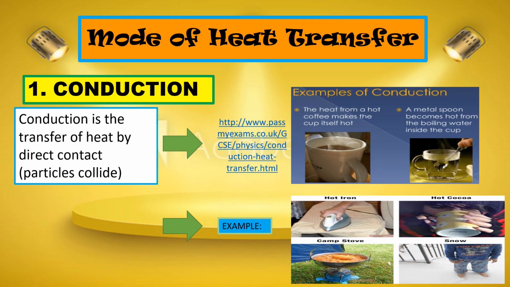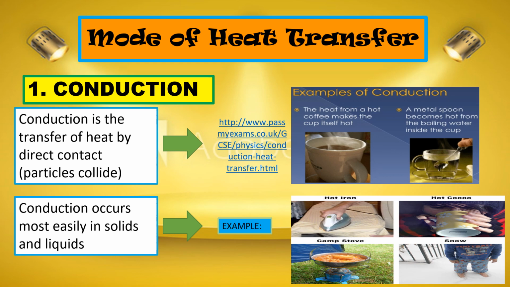For example, the heat from the hot coffee makes the cup itself hot. When you make coffee, eventually the side of the cup becomes hot. That is a good example of conduction, because the heat transferred directly to the cup. Another example: the metal spoon becomes hot from boiling water inside the cup. Heat transfers from high temperature to lower temperature, and the high temperature here is the boiling water.